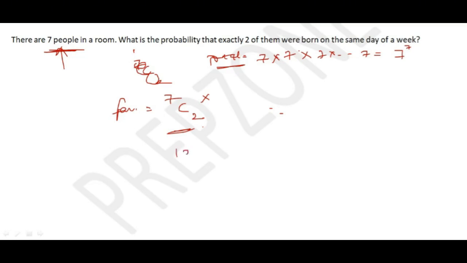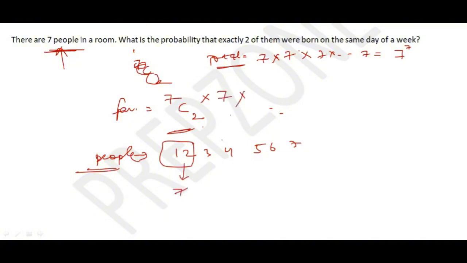We have 7 options. Good. So you have chosen 7C2, meaning you have already chosen the 2 people, and for them you have 7 options, right? Yes, sir.